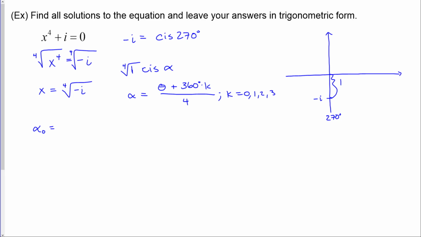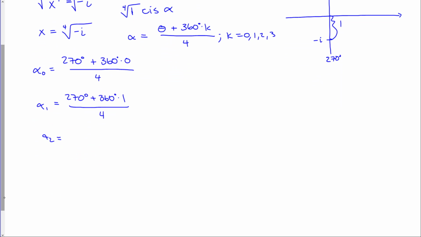So alpha sub 0 is going to be 270 degrees plus 360 degrees times 0 all over 4. Sub 1, 270 plus 360 degrees times 1 all over 4. Alpha sub 2, 270 degrees plus 360 times 2 divided by 4.